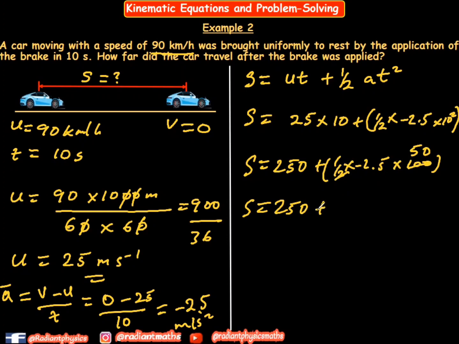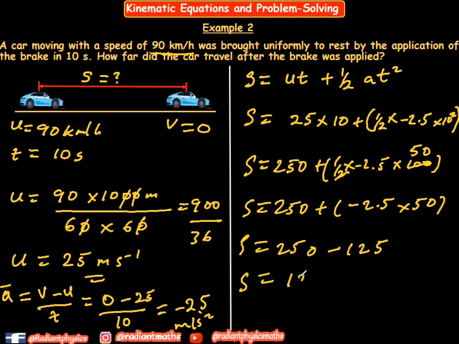For clarity, let me write it out: 250 minus 2.5 times 50. Minus 2.5 times 50 is 125. And when we subtract this from 250, we have 125 meters.